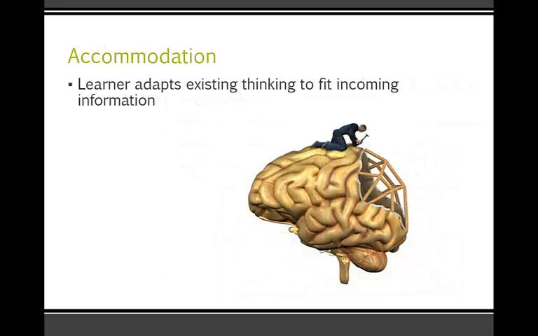The other option is accommodating, and this is where the learner actually adapts their existing thinking to fit the incoming information. So in accommodation, we're actually changing our own cognitive structure to match what we're learning. In this case, a learner often has a personal experience with something that allows them to understand the need for a change in their prior conception.